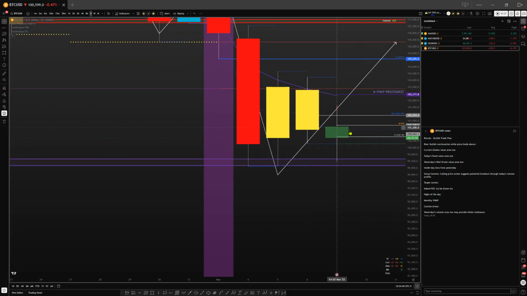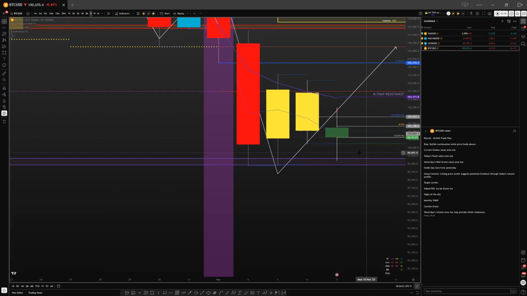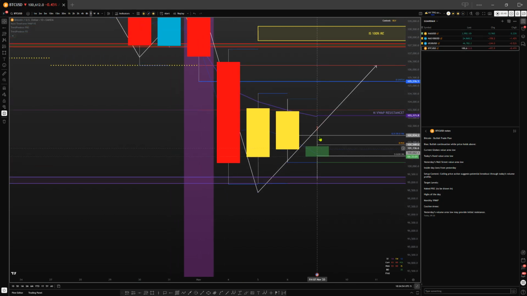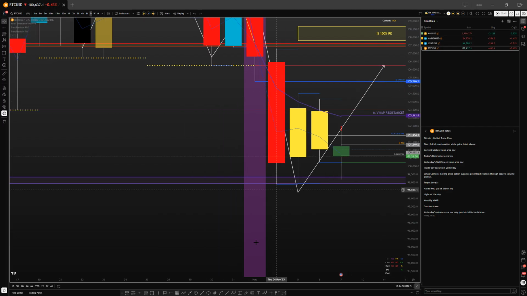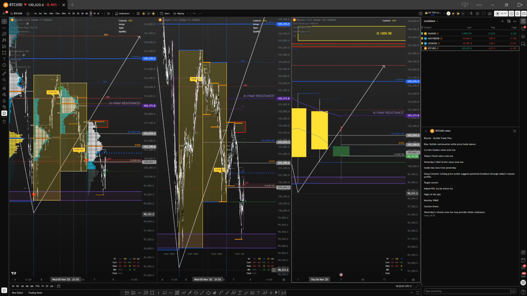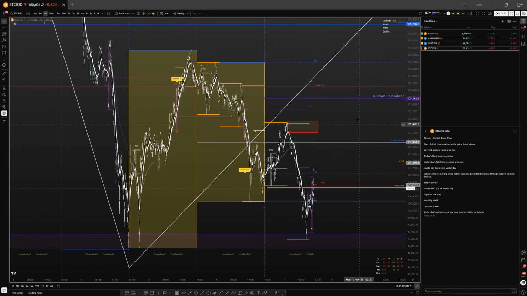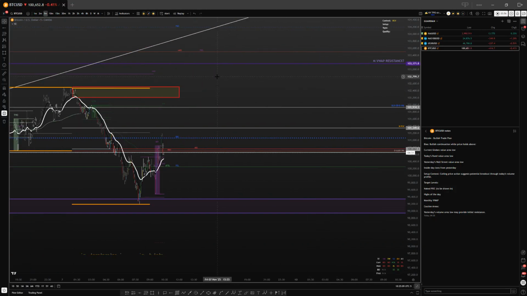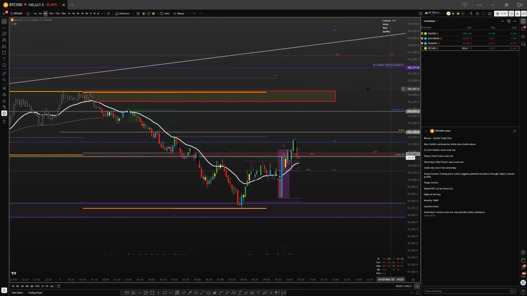There is risk, of course, that this doesn't go the right way and this moves back towards the inside day lows of the previous day, which is a probability. But you've got to be in it to win it. So far, not looking good on the development of price action and timings, but let's just see if this doesn't reverse back up.